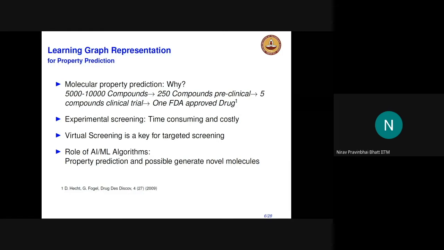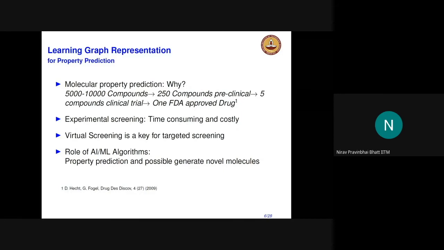drug discovery, we start with around 5,000 to 10,000 compounds at a high throughput screening, and out of that 250 compounds will go for preclinical testing, more thorough screening, and out of that 5 compounds will go for clinical trials.